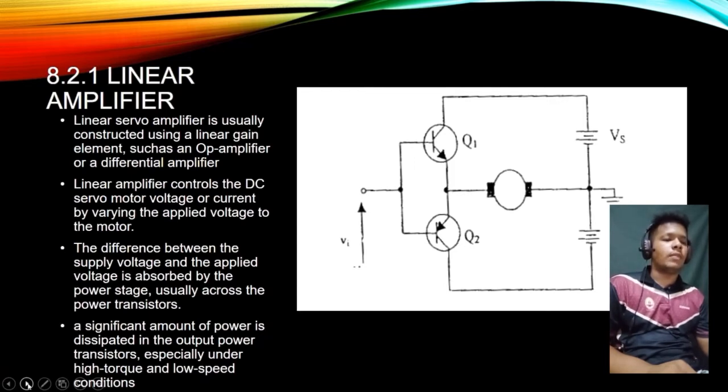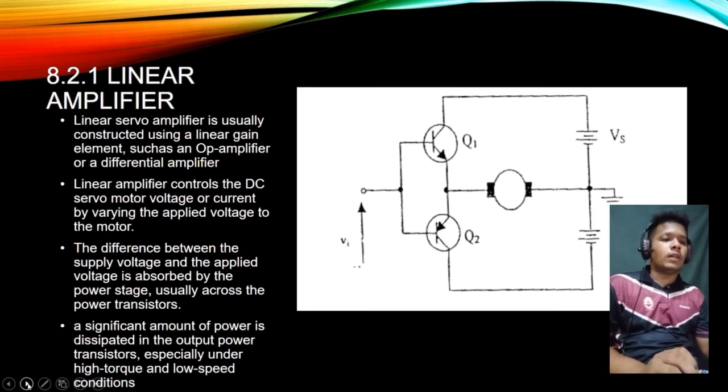8.2.1 Linear amplifier. A linear servo amplifier is usually constructed using a linear gain element such as an amplifier or a differential amplifier. A linear amplifier controls the DC servo motor's voltage or current by varying the applied voltage to the motor.